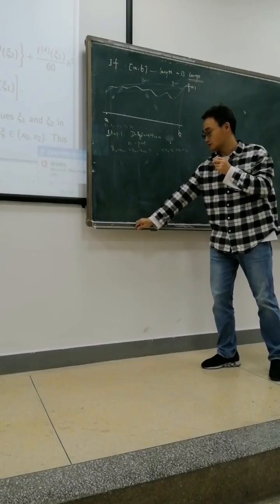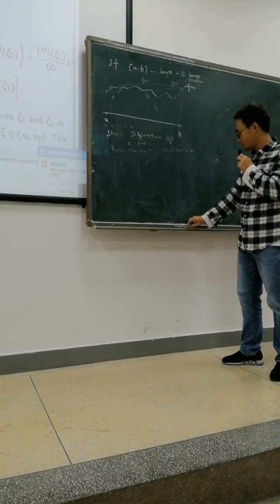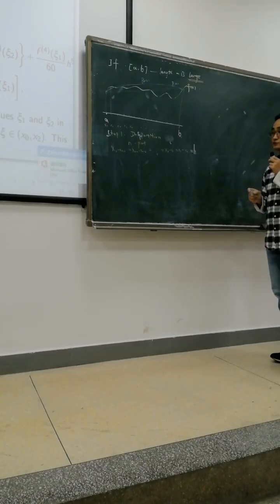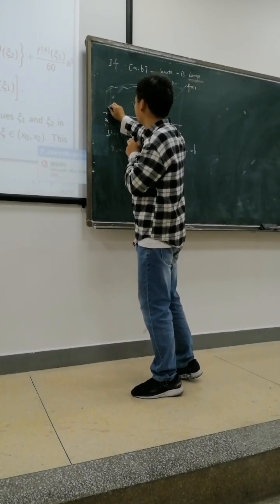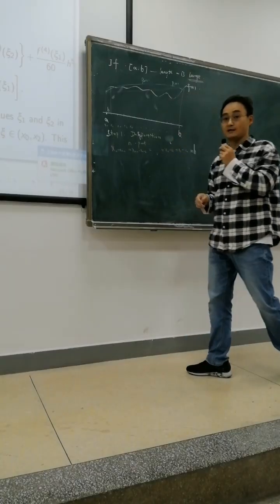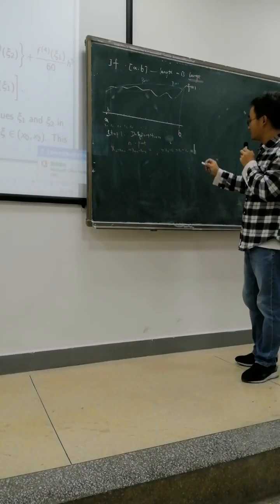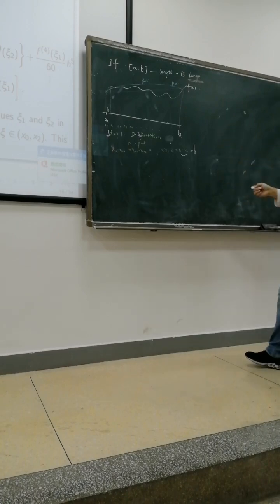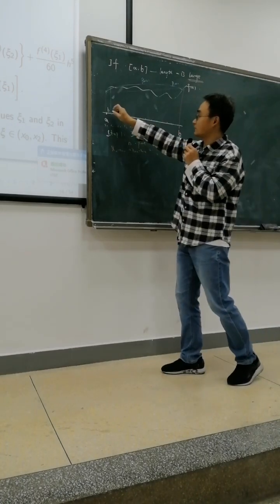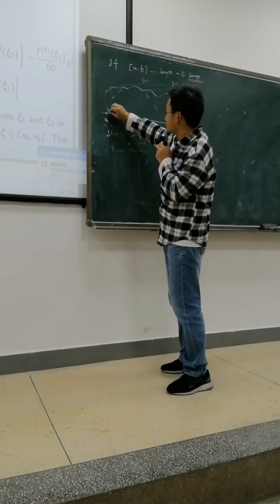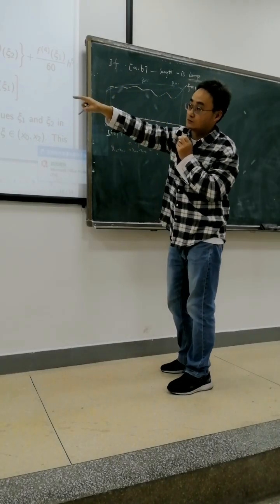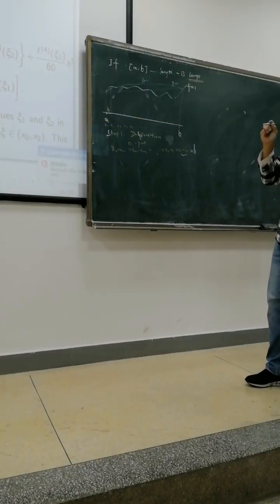Because we do equal partition, we denote this step size as h. At each of the subintervals, we call this a subinterval, we apply the trapezoid rule or apply Simpson's rule.